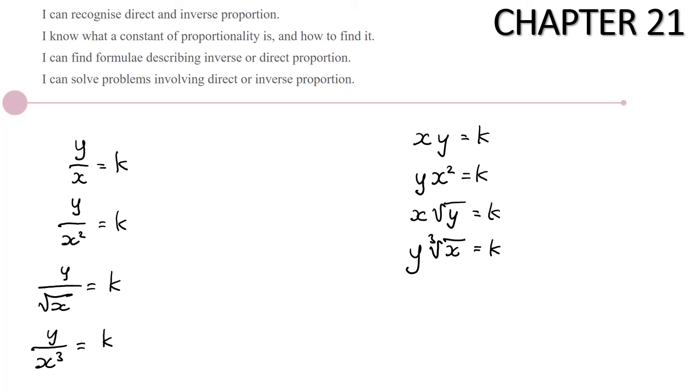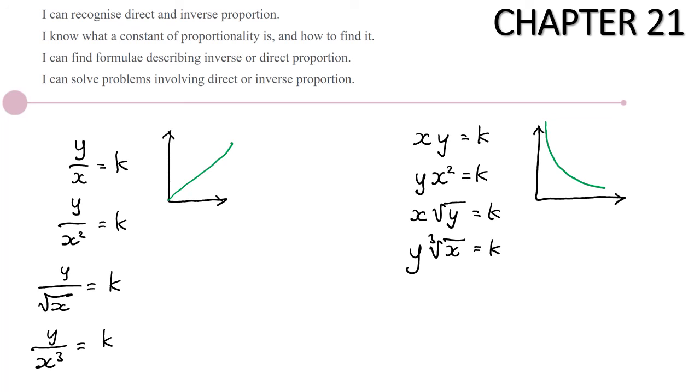Okay, and our direct proportion graphs are always going to be straight lines that go through the origin like this, and our inverse proportion graphs tend to look like this, and you may need to actually pinpoint and choose which graphs go with what.